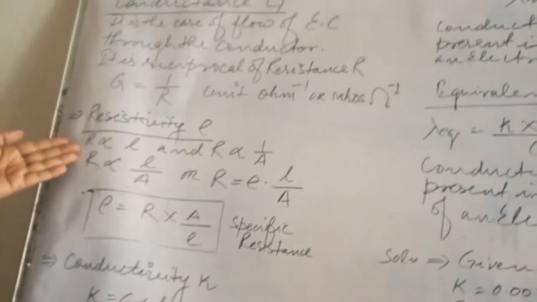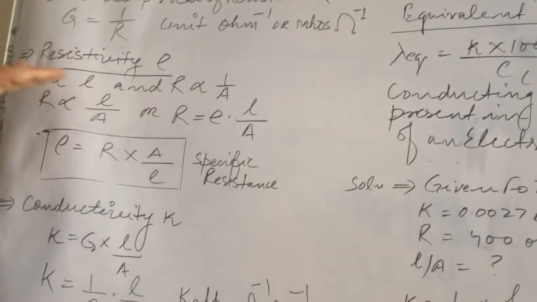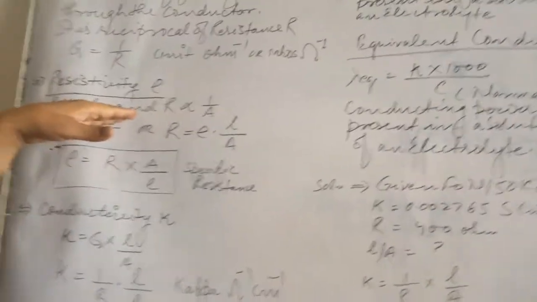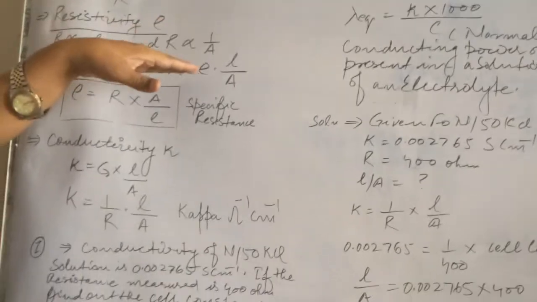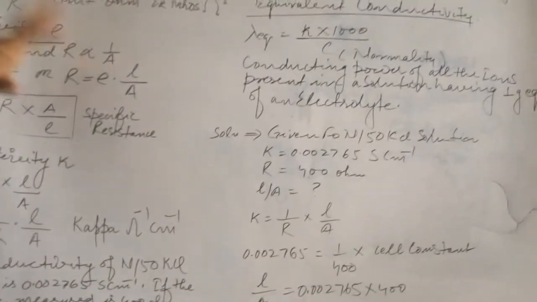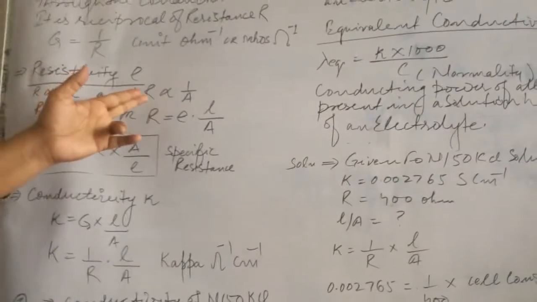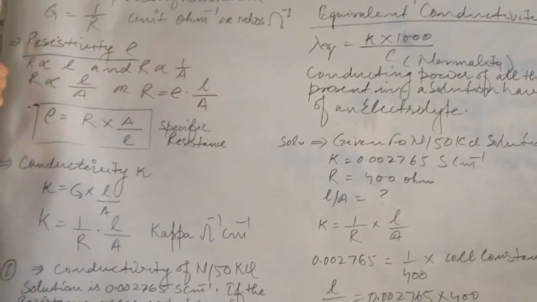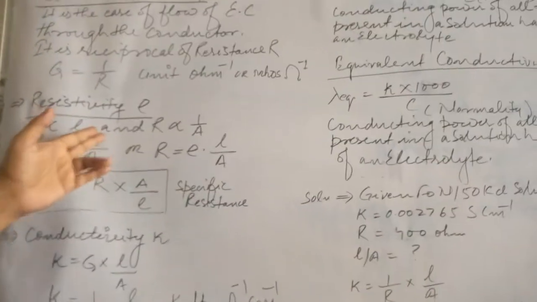Since we know electrical resistance is directly proportional to the length of the conductor, R is directly proportional to L, and resistance is inversely proportional to the surface area of the conductor, R is inversely proportional to A, 1 upon A. Ultimately, by combining both, we get R proportional to L upon A.